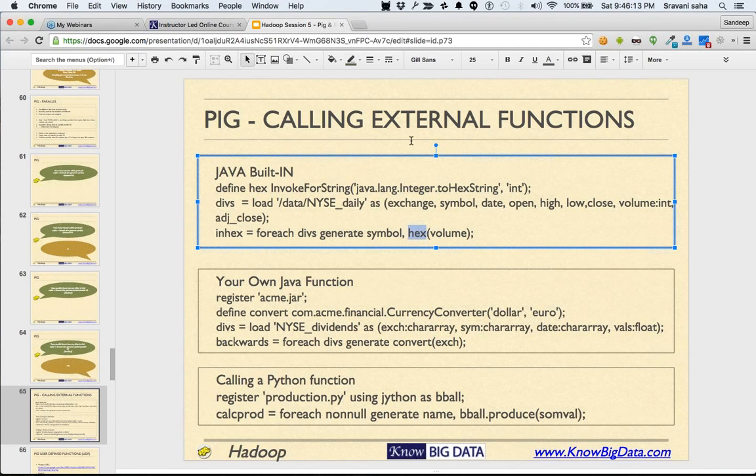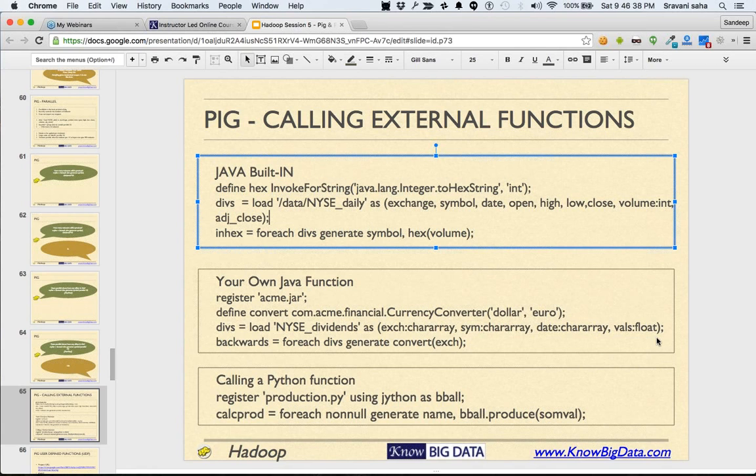The syntax is the fully qualified name of the class of the function, then the kind of data it accepts as argument, and then the return value. So invoke for string; had it been returning integer, we would say invoke for int.